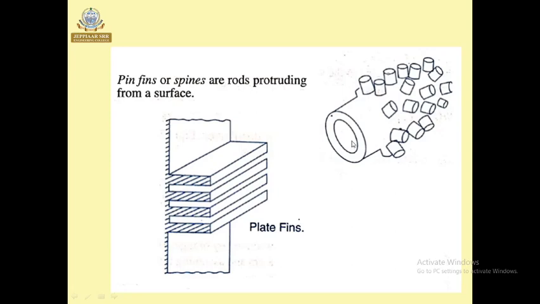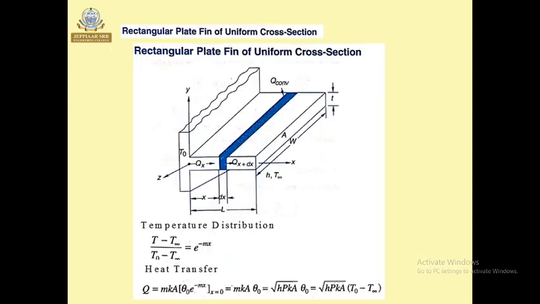The last type of fins is called plate fins. They are small plates of varying cross section, like rectangular or triangular, protruding from the surface. So these four kinds of fins exist in various applications of engineering where heat transfer exists.